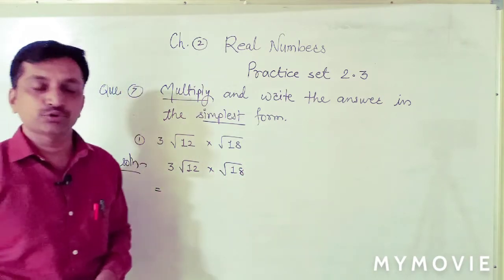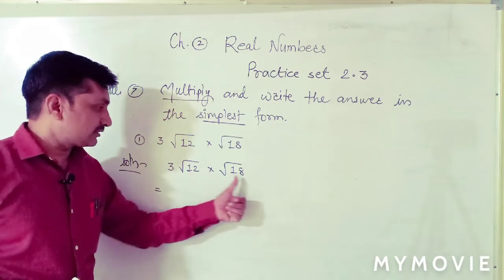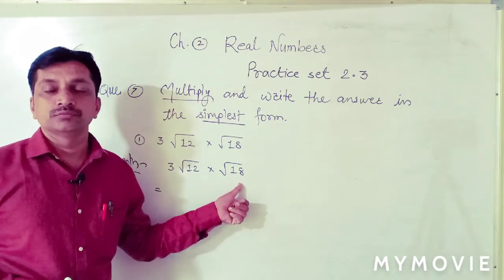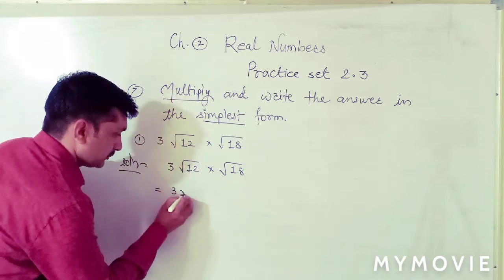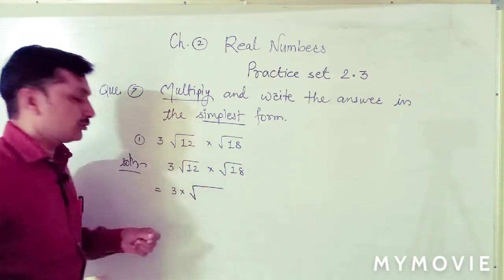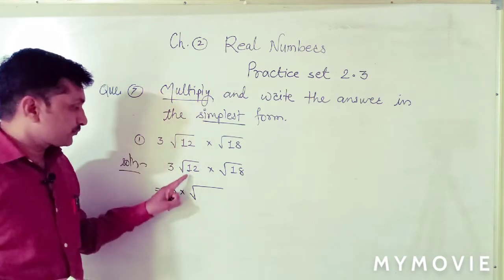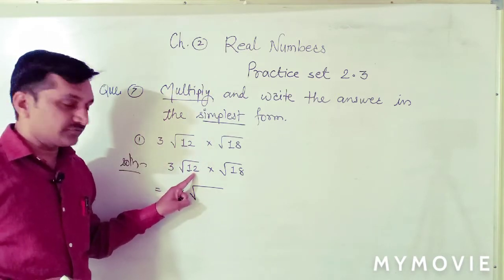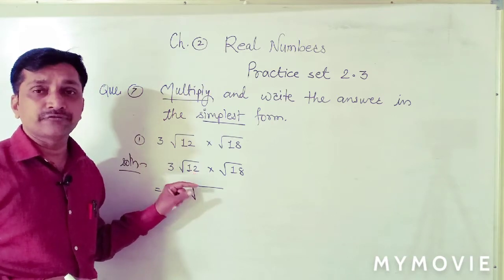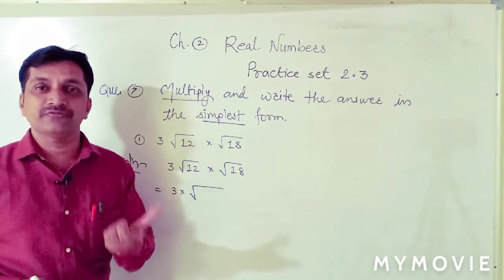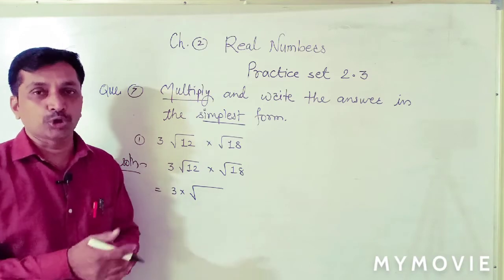First of all, we have to convert these into mixed surds. 3 multiplied by, now to convert into mixed, factorize this number. Factorize 12 in such a way that in the factors, one factor should be a perfect square and the second non-perfect.